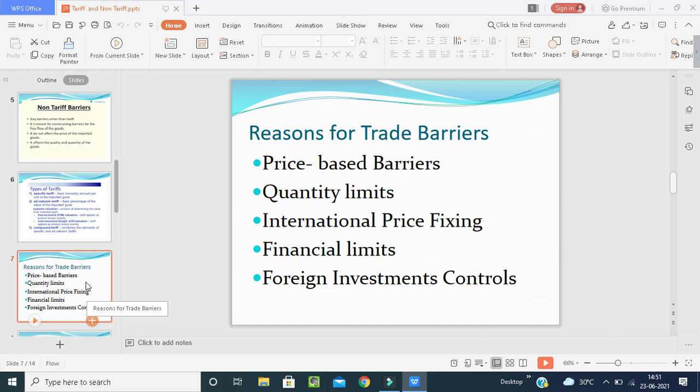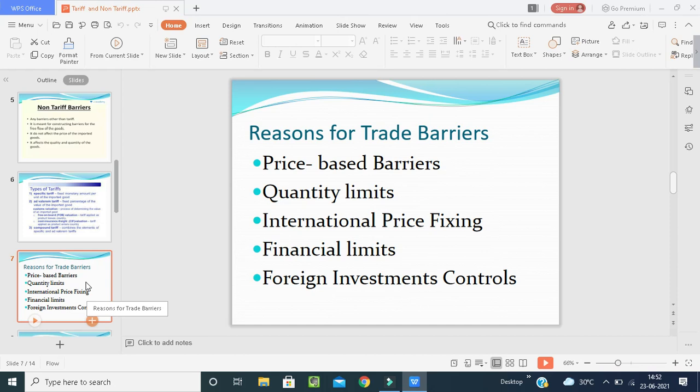Tariffs are of two types, specific tariff and ad valorem tariff. All these things we have discussed. Tariffs that levy a fixed charge for each unit of the product imported are known as specific tariffs.